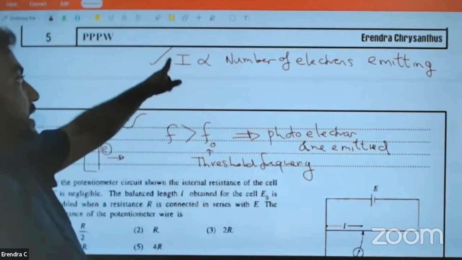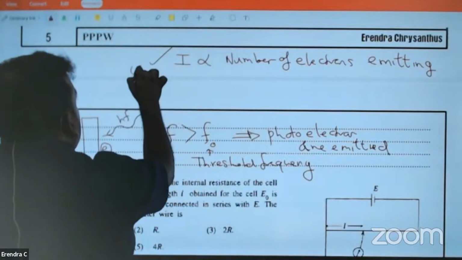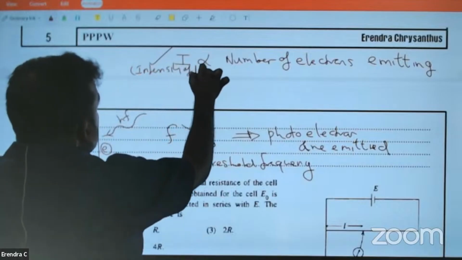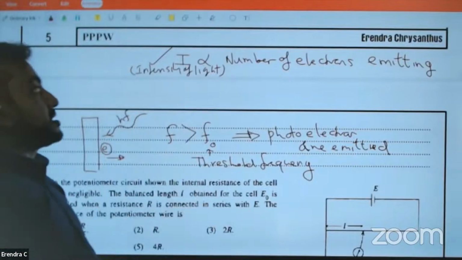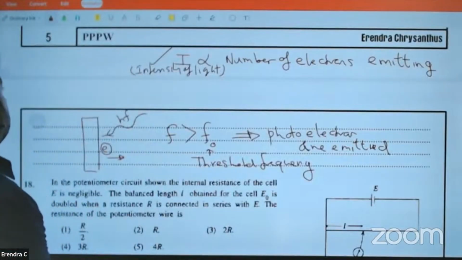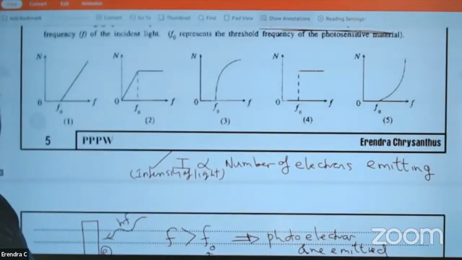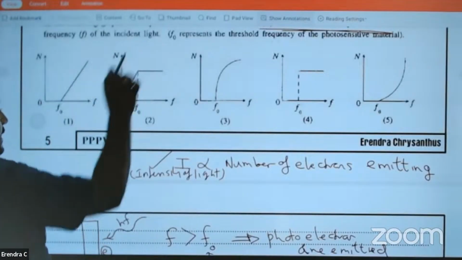So you must know intensity. I is intensity, write inside brackets. Intensity of light is directly proportional to the number of electrons emitted. Now look at this carefully. They are telling us the intensity is constant.